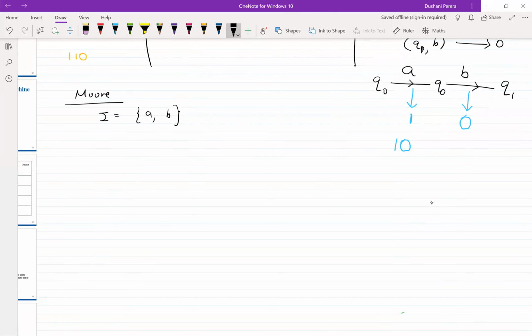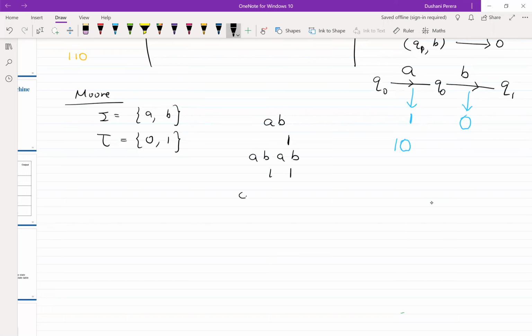And it prints 1 as the output for every occurrence of AB. Whenever the machine sees the AB string, it has to print 1. Your output alphabet will be 0, 1. Whenever you see AB, you have to print 1. So if you see AB, AB, the machine will print 1, 1.